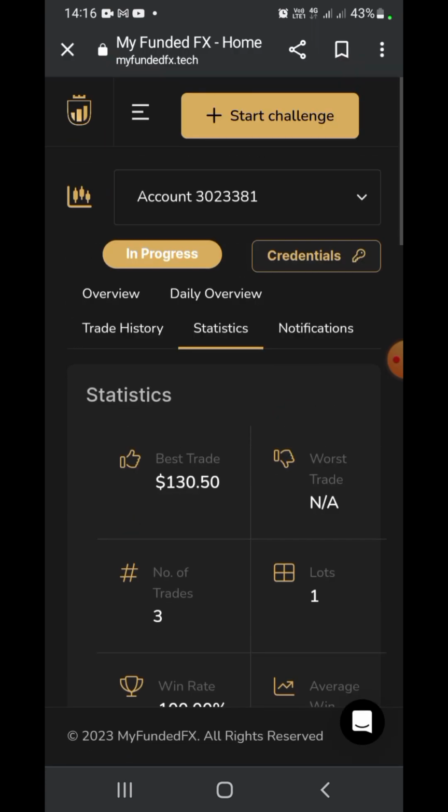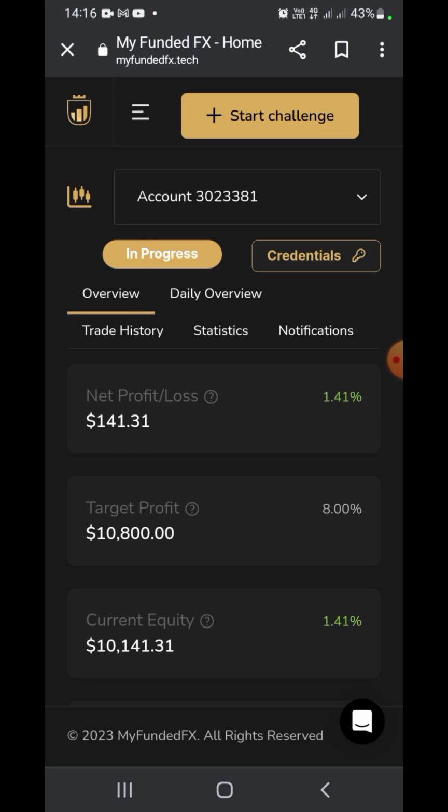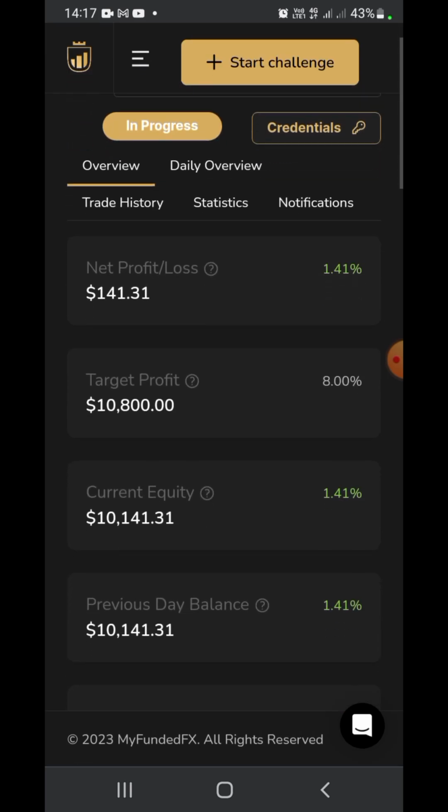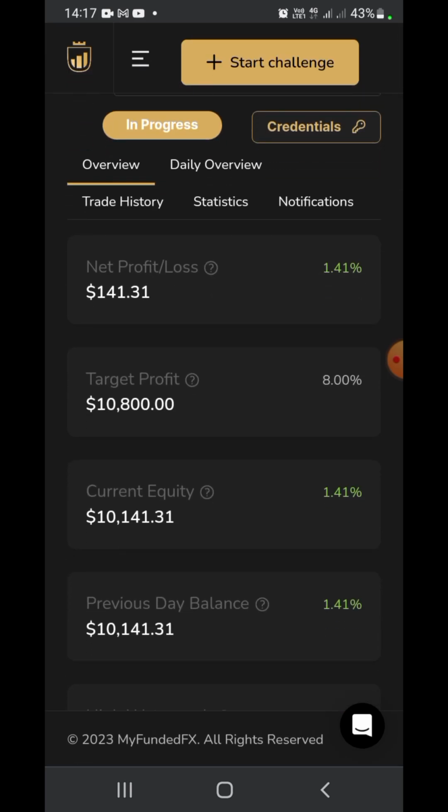So as you can see, we are up 1.41%. The journey is still going well, and we still need like 6.6% more so that we hit our 8% target, then proceed to the next phase, which is phase 2. Then obviously past that phase, we get to real funding. That's where the juice is at.